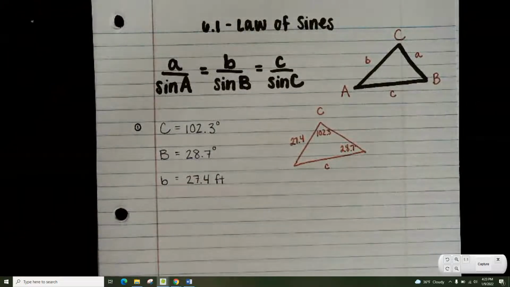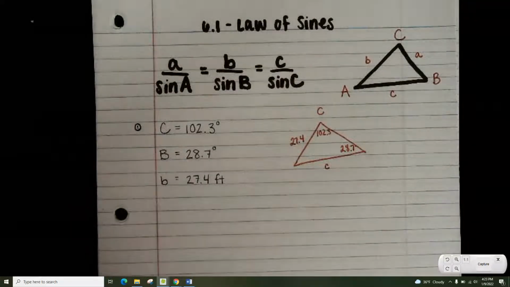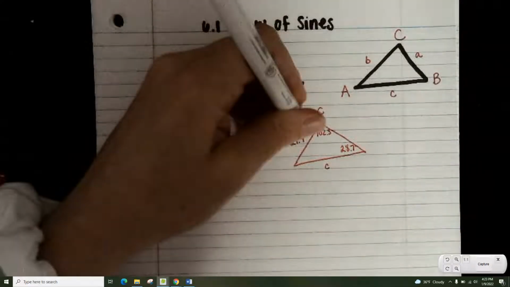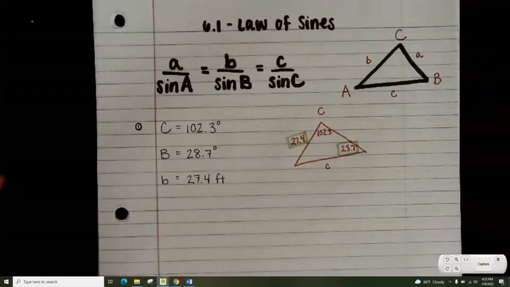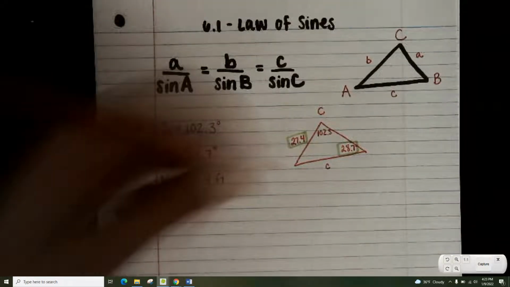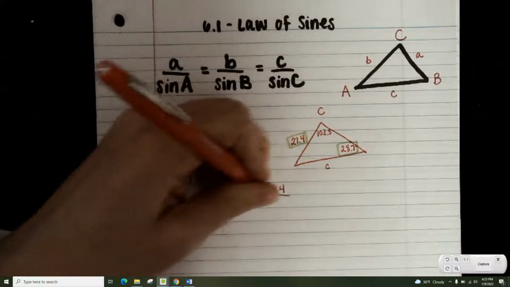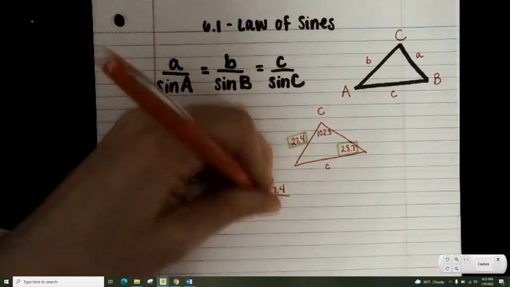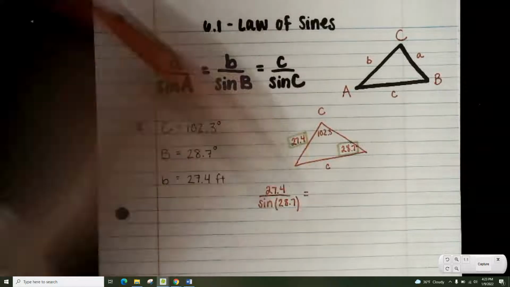What's really important to notice here is that I have side length b and angle B, which completes one ratio. So from that, I can do 27.4 over sine of 28.7 equals.